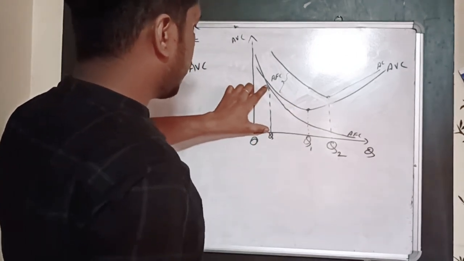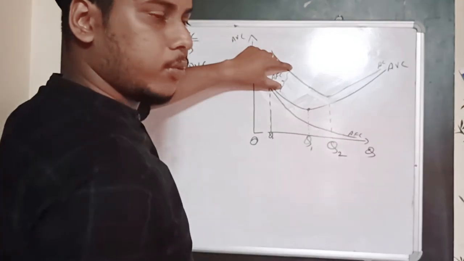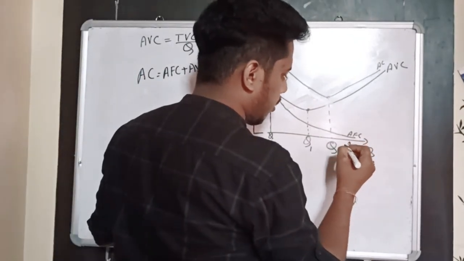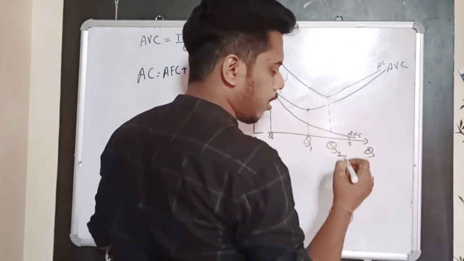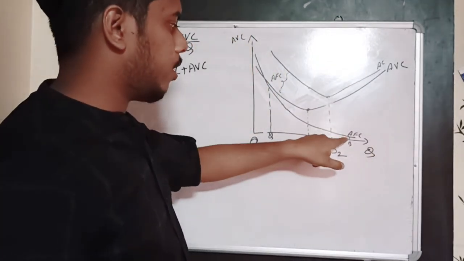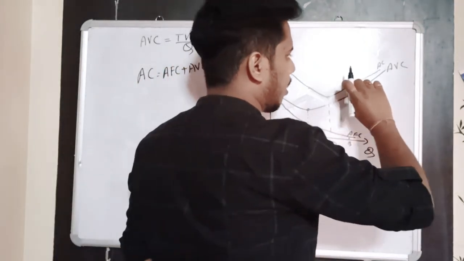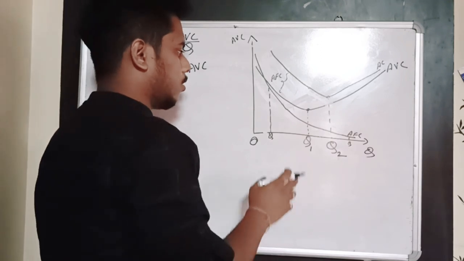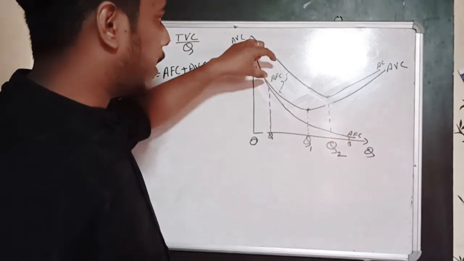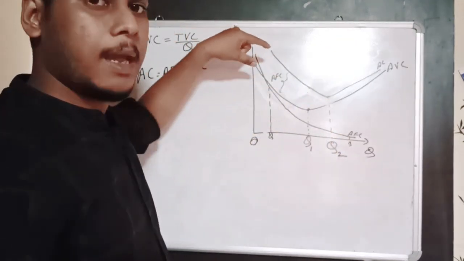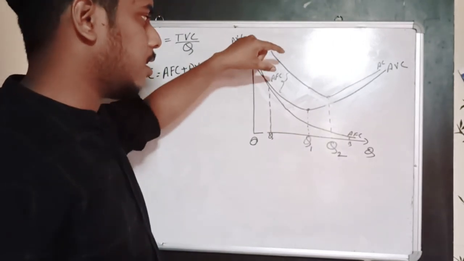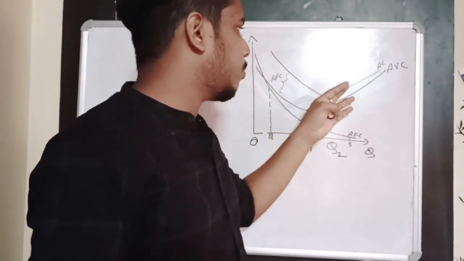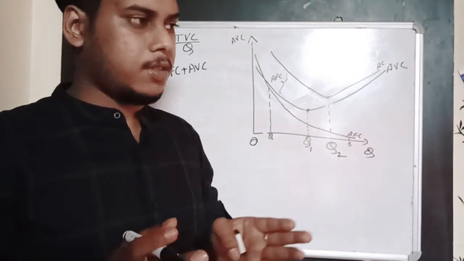As we go on increasing the output, the amount of AFC is very low, so the distance between them is reduced. Initially the gap remains high because AFC is high, and as we increase the output, AFC falls and the distance between these two curves decreases.